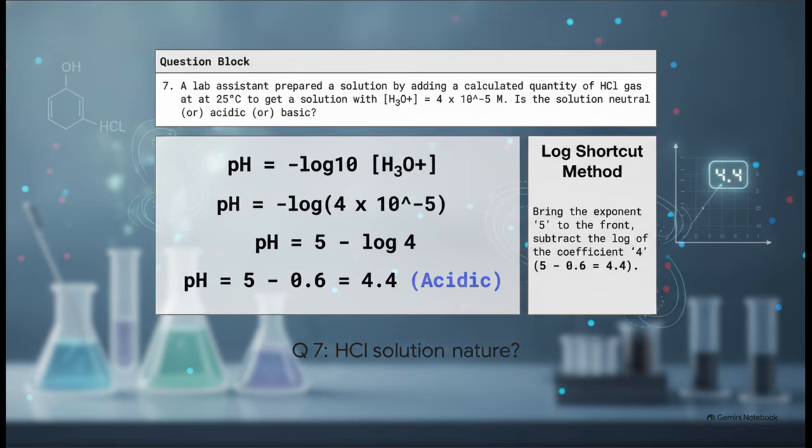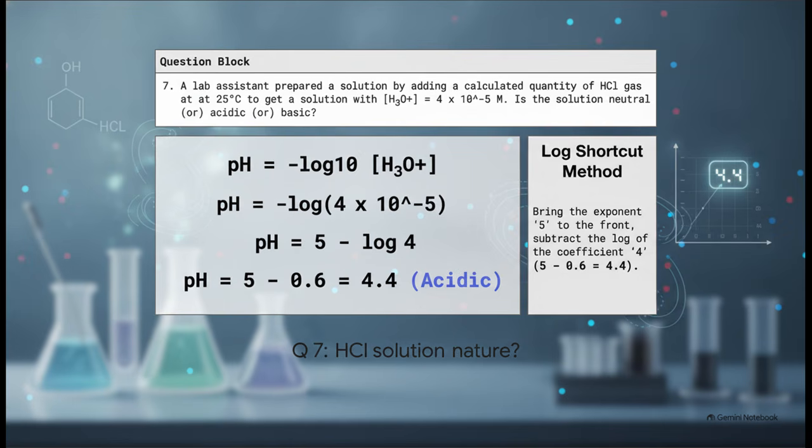Question block 7. A lab assistant prepared a solution by adding a calculated quantity of HCl gas at 25 degrees Celsius to get a solution with H3O+ concentration equals 4 times 10 to the power of negative 5 M. Is the solution neutral or acidic or basic? pH equals negative log base 10 of H3O+ concentration. pH equals negative log of 4 times 10 to the power of negative 5. pH equals 5 minus log 4. pH equals 5 minus 0.6 equals 4.4, which is acidic.